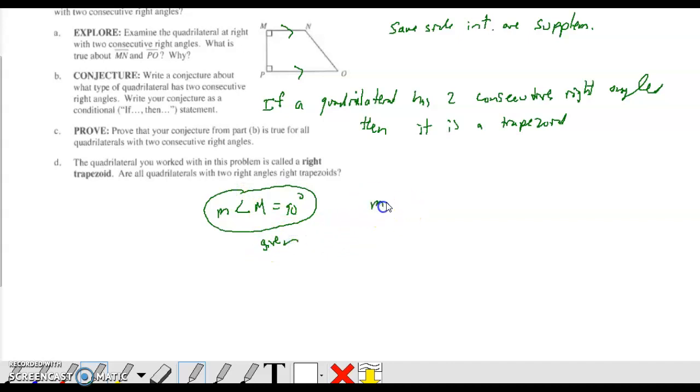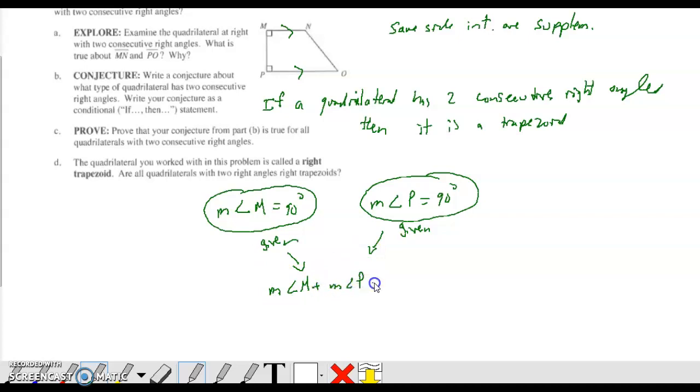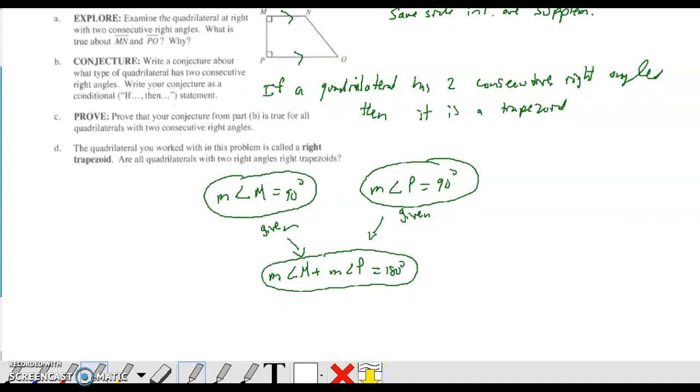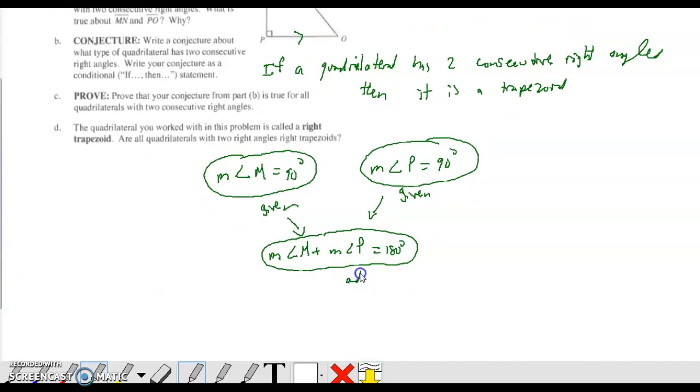And I'm also going to say that the measurement of angle P is also 90 degrees, and again, that is given. If I add these two measurements up, M and P, this will give me 180 degrees, using the addition property of equality, a new property.